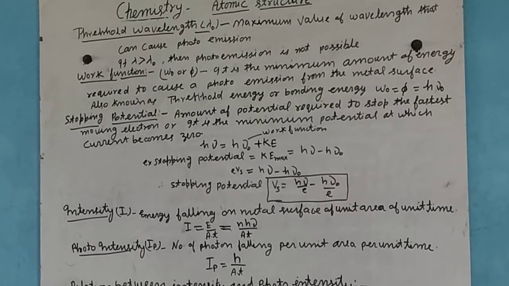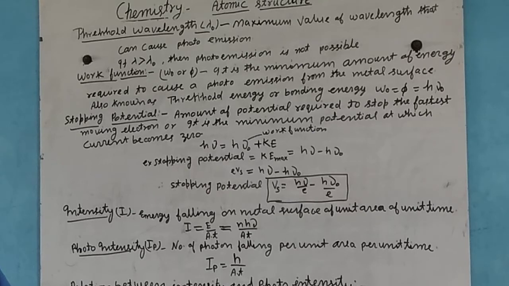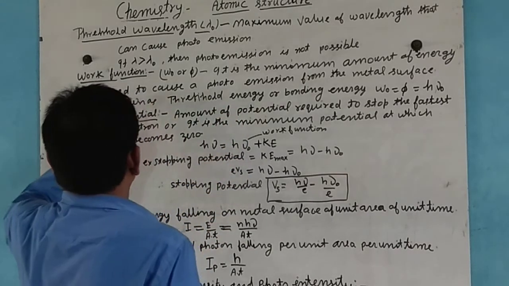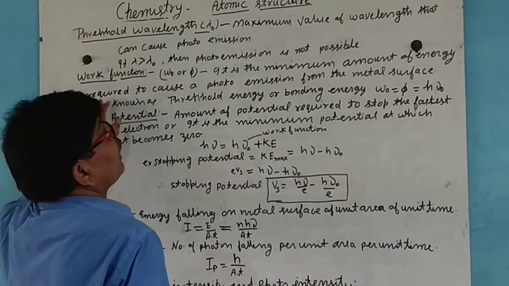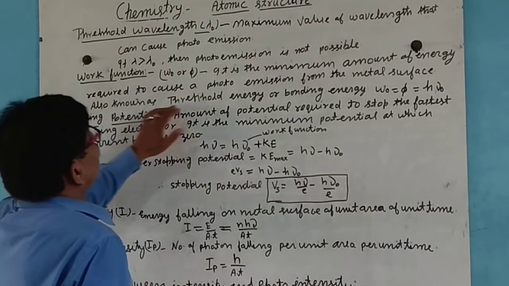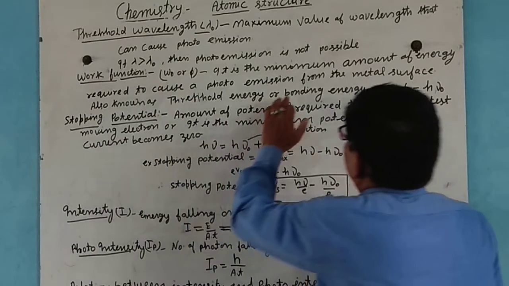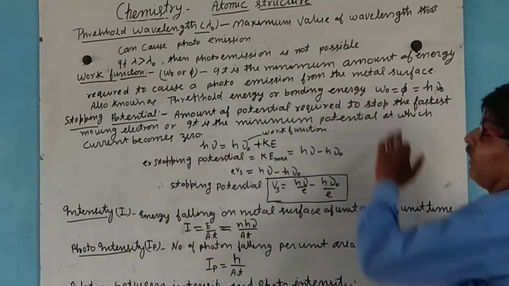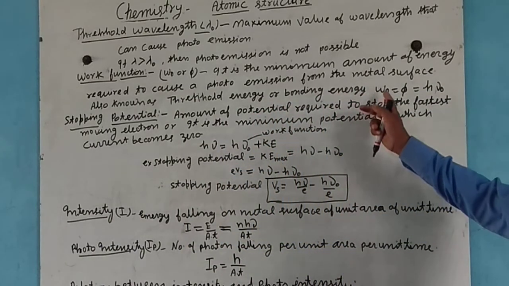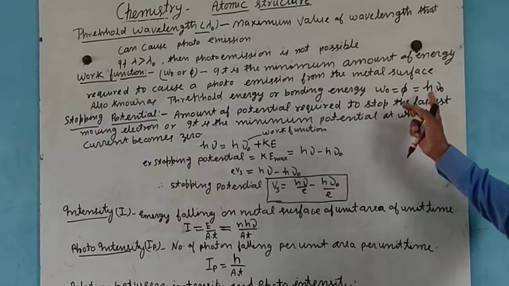Now the work function is the minimum amount of energy required to cause photoemission from the metal surface, also known as threshold energy or binding energy. W0 is equal to phi is equal to h nu 0.